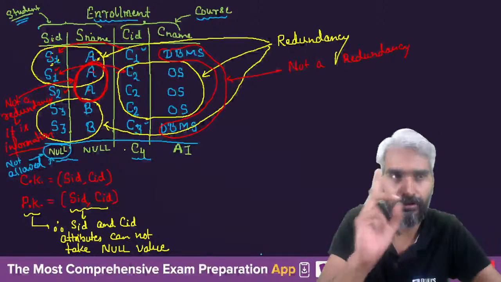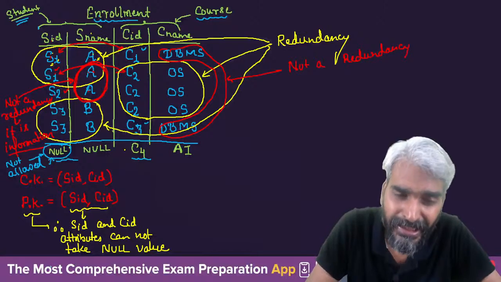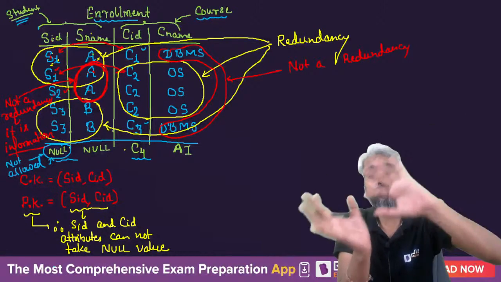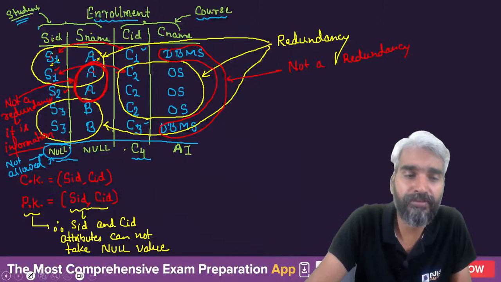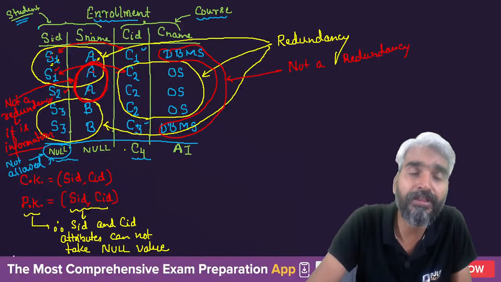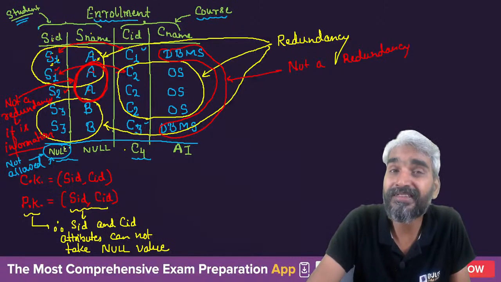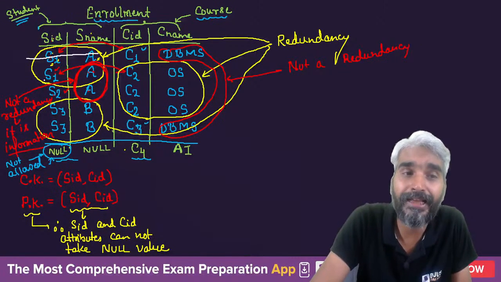What is deletion anomaly? Perhaps it is possible that some student wants to leave the college. Let's assume student S1 decides to leave the college. What will happen? You will have to remove the entries corresponding to student S1.